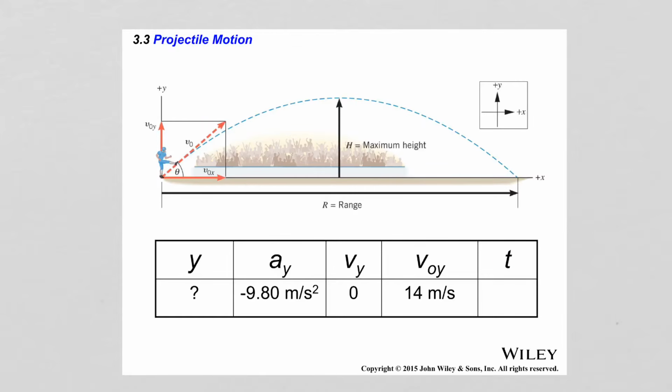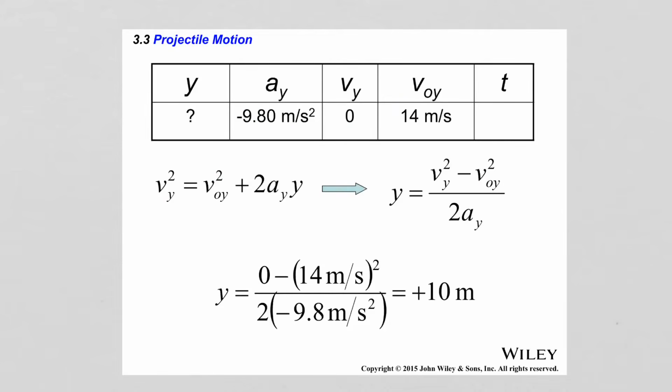However, because I know these four parameters, I have a kinematic equation that can calculate the vertical displacement from that information. And so this kinematic equation is the one shown here: Vy squared is equal to V0y squared plus 2 times ay times y.